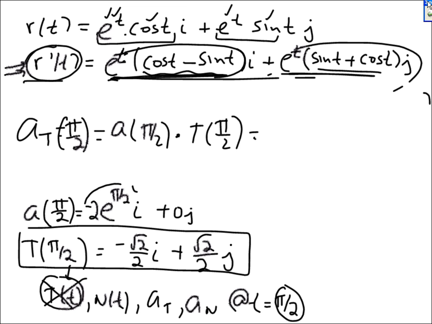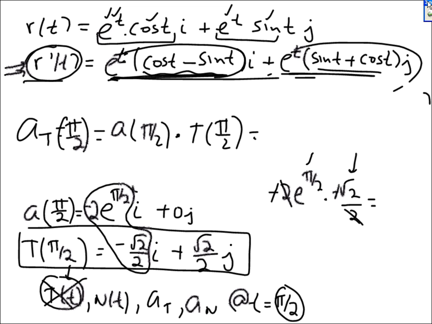So we multiply the i values. Negative 2e to the pi over 2 times negative square root of 2 over 2. The 2's cancel. A negative times a negative is positive, and we get square root of 2 times e to the pi over 2.